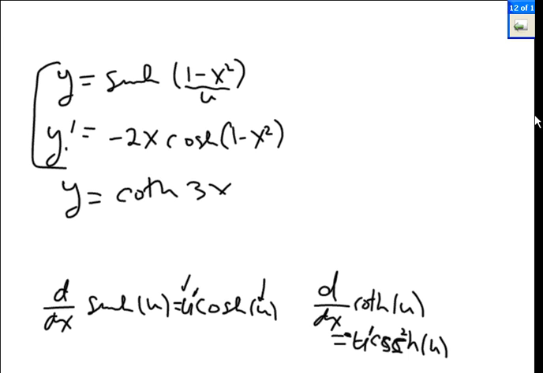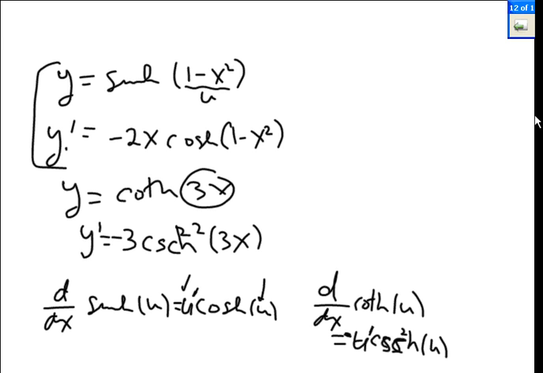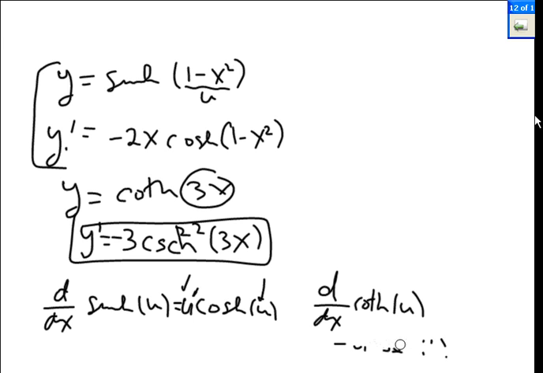The minus is still there. That is, y prime is the derivative of the angle, which is 3, times negative cosecant hyperbolic squared of 3x. There is your answer. You have to know the formulas. If you know the formulas, you just plug in.